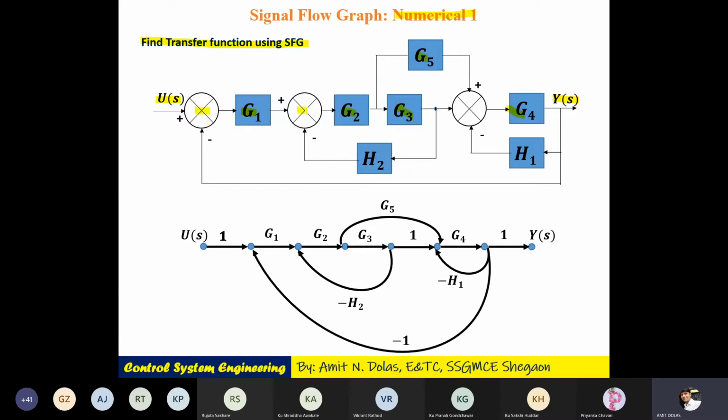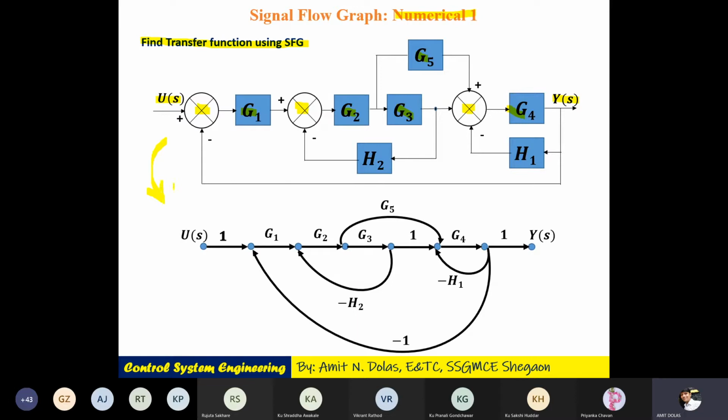There are 3 summing points here, 2 summing points in actual. This is the summing point, and these two are also summing points, but they form the loop. So we have to draw the signal flow graph for this particular block diagram.